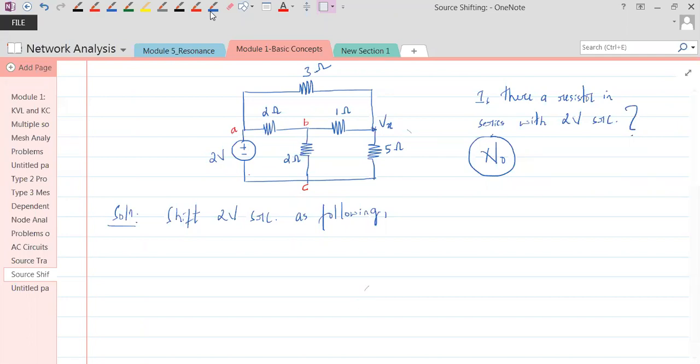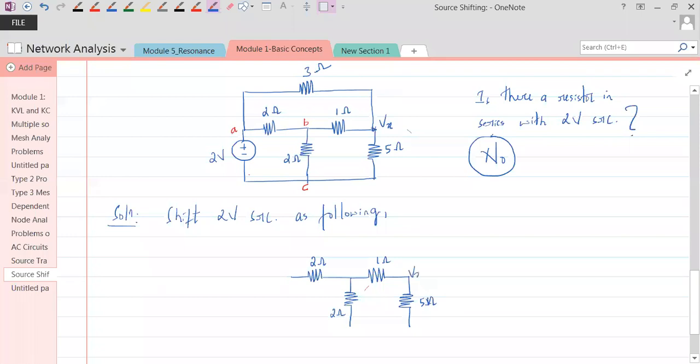Everybody look at this. Just remember that rule and look at what I'm doing. Don't write anything because you'll not understand if you miss this. This is 2 ohms, 1 ohm, 2 ohm, and 5 ohms.